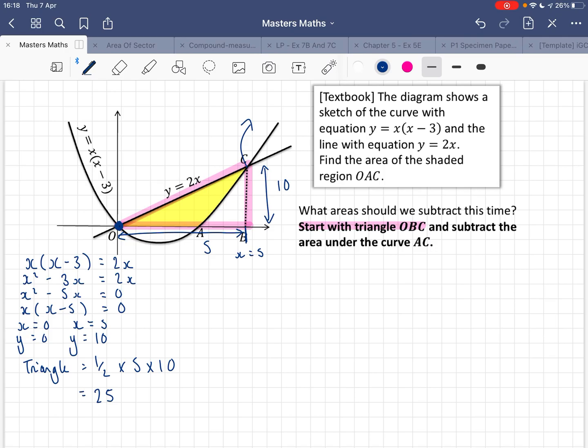Now, the trickiest part of this question is the limits for the area under the curve, because we can't just use the limits.